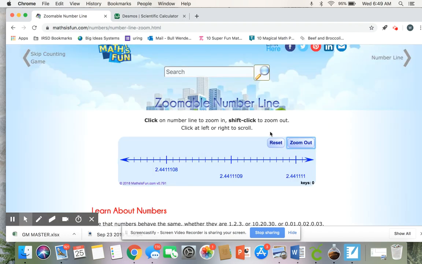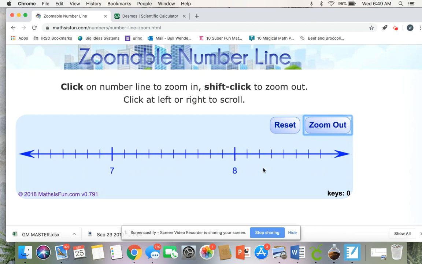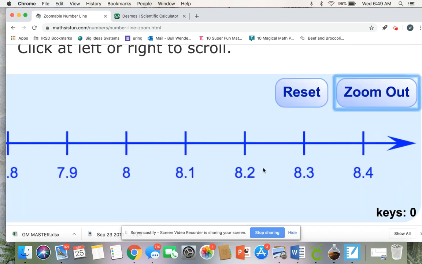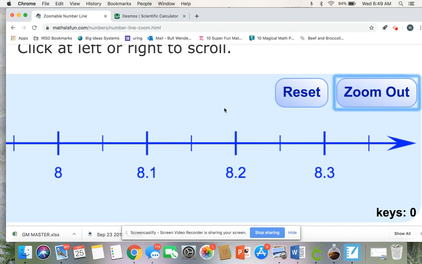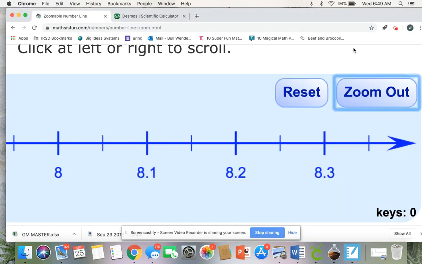So let me go back and make this normal again. Think back to this number line. What happens as we continue to zoom in on a number line? What happens as we go more and more detailed? So pause those two things, talk to your group, and then come back and we will move on to the next activity.